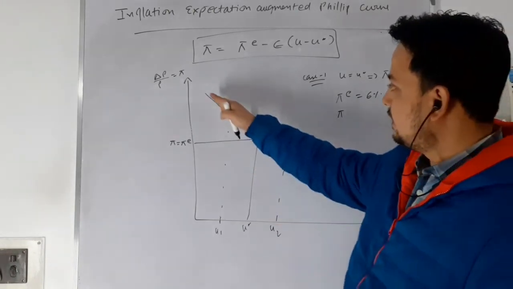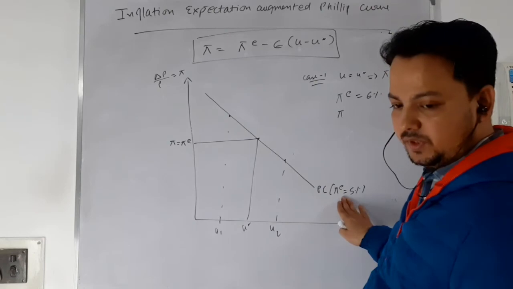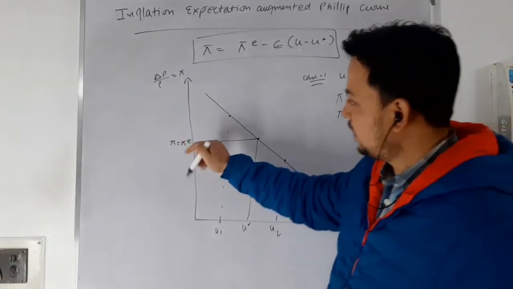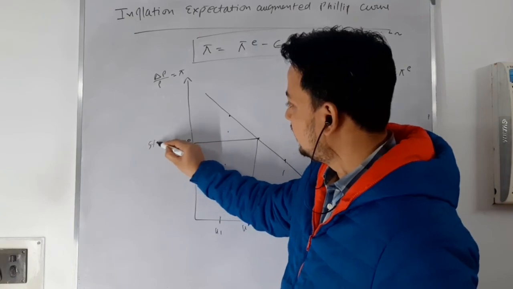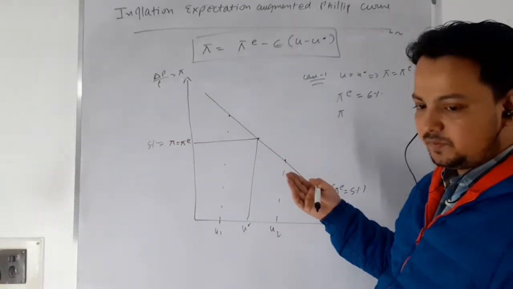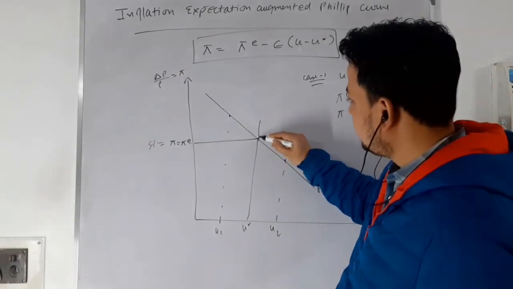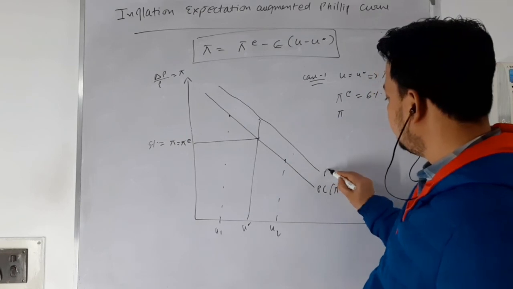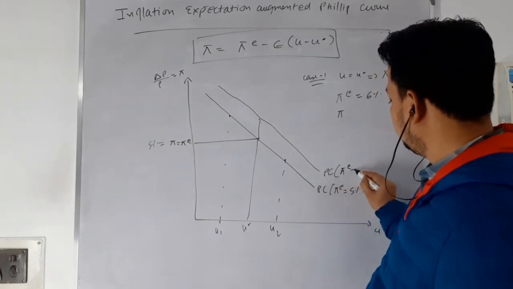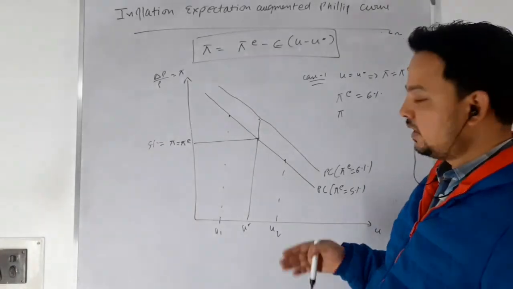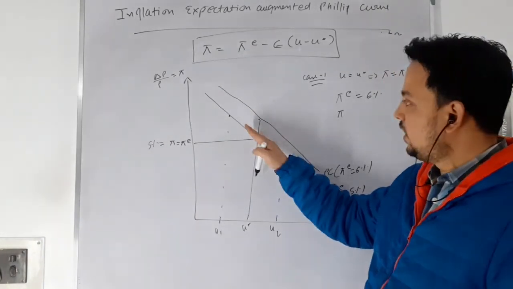Since each Phillips curve is based on expected inflation, and the height of the Phillips curve, this is 5%, depends on your expected inflation, when there is an increase in expected inflation this curve will shift up. So there is a 1% increase in expected inflation, and when there is a revision of expectation, your Phillips curve will shift up.